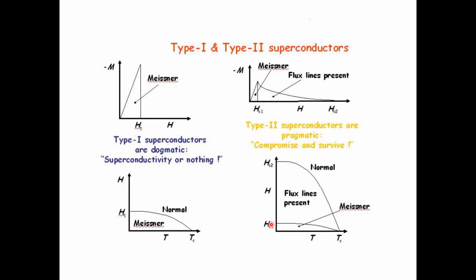Look at this. H is between HC1 and HC2, but T still needs to be lower than TC here. So this is where the flux lines are present, and after that it's normal. And for the Meissner effect, H has to be less than HC1 and T less than TC.